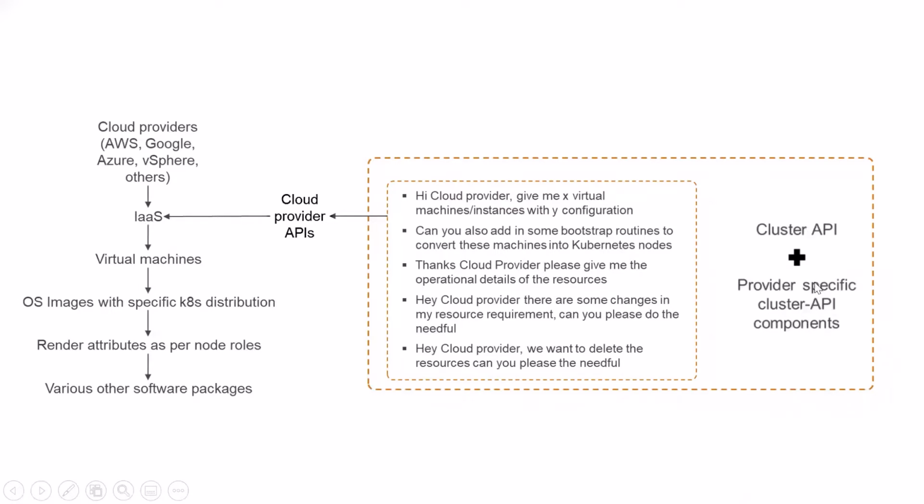These are all GitHub projects. If you are a developer, you can go to the respective GitHub projects and understand how a specific set of components is created. Most of them are written in Go, and you can understand how these APIs and resources are created.